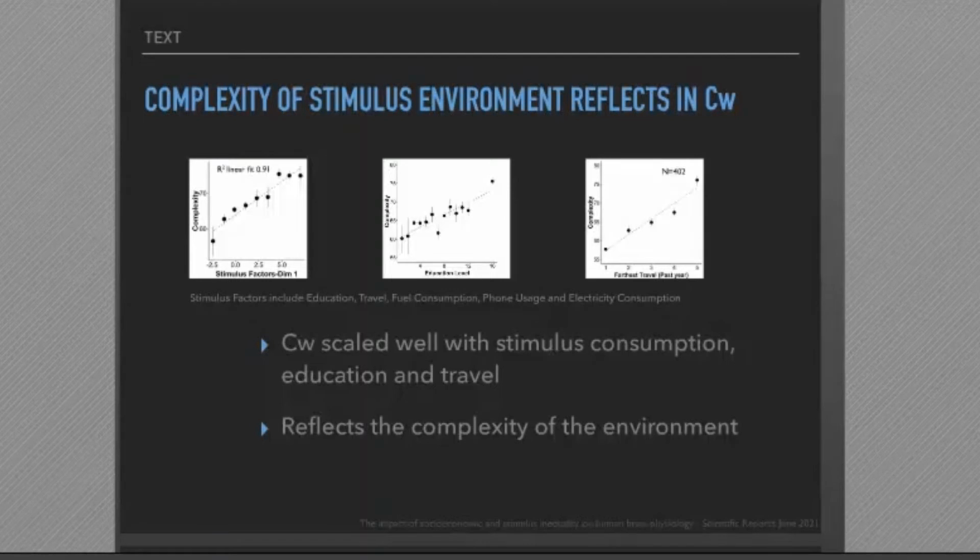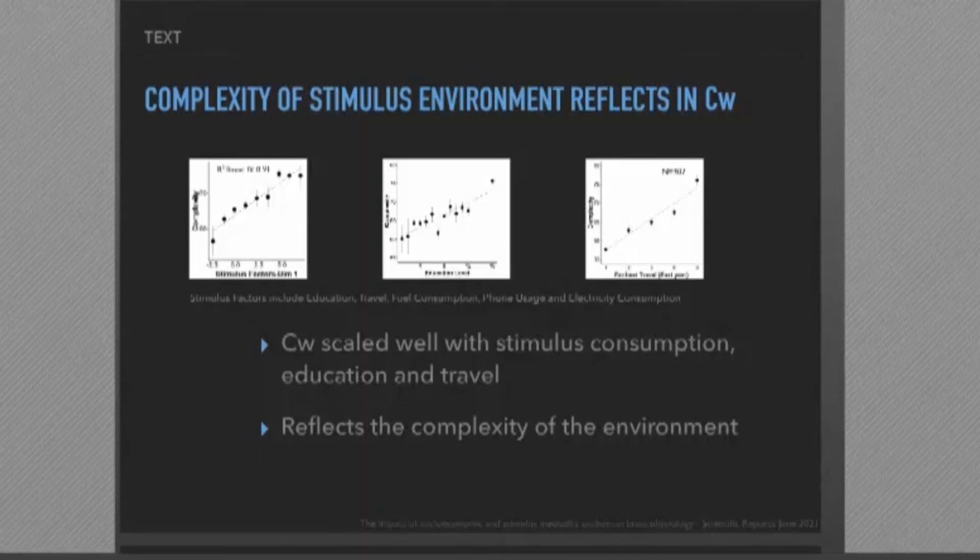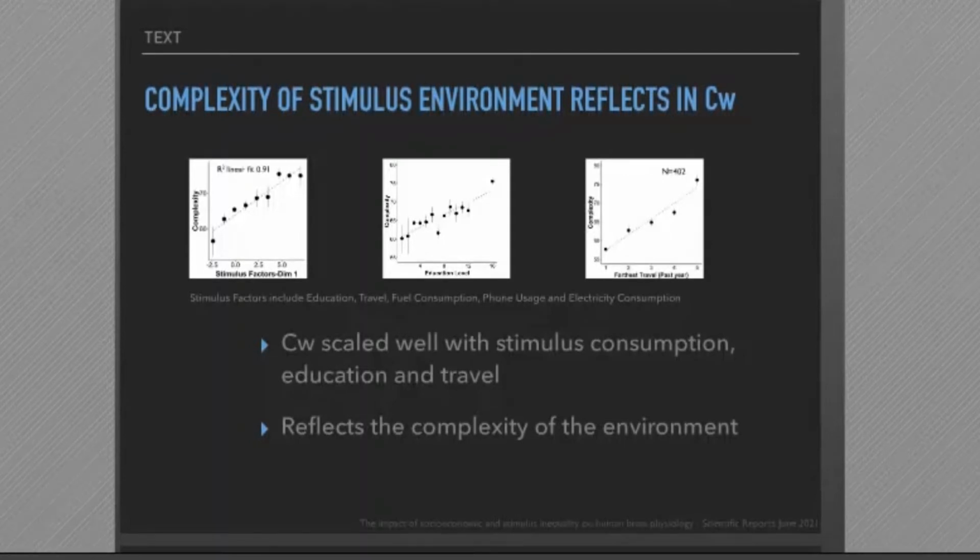And here the participants came from a diverse range of socioeconomic strata, starting from people earning a few dollars per day to people earning up to $50 per day, and having a wide range of education and travel patterns. So we try to capture the essence of this socioeconomic diversity. And what we found is that complexity scales really well with stimulus consumption.